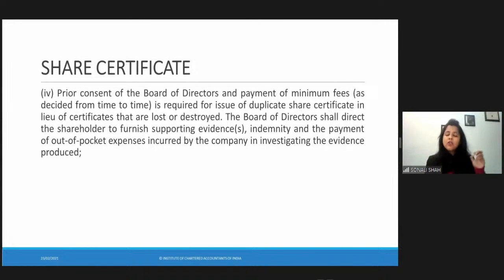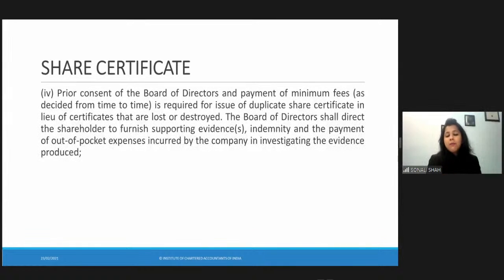So the numbers or referencing has to be done so that we know this is the duplicate of that original certificate. Also, prior consent of the board of directors and payment of a minimum fee is required for issue of a duplicate share certificate in lieu of certificates that are lost or destroyed.